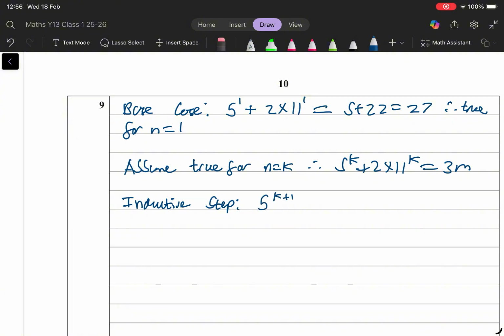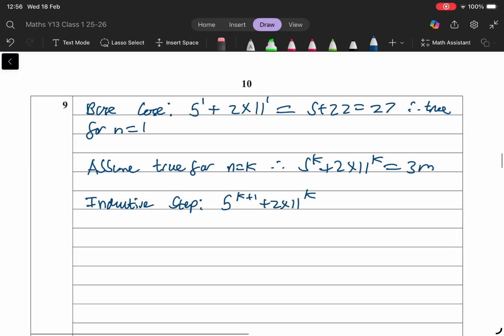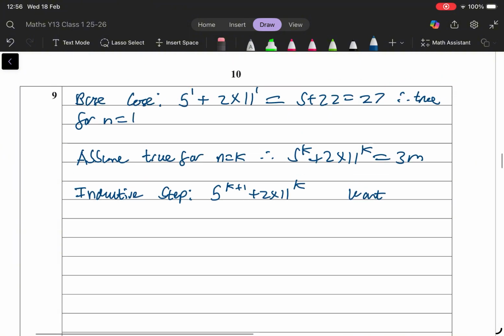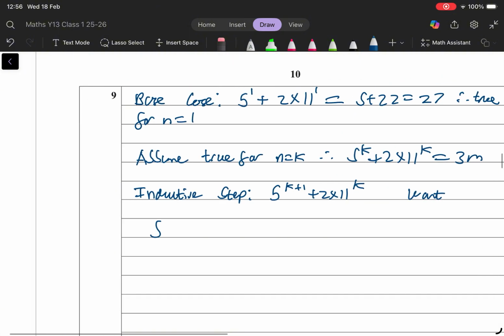So obviously then you've got your inductive step, which is going to be 5 to the k plus 1 plus 2 times 11 to the k plus 1, and you want to somehow get that into a form where we have that being divisible by 3.